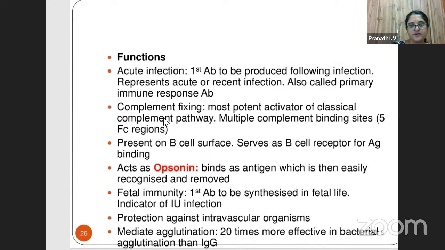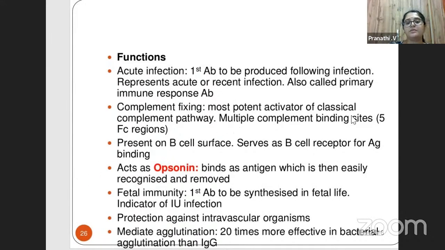What are its functions? It is present whenever there is any kind of acute infection inside the body. It is also released as the primary immune response antibody. It will help in activating either the classical pathway or the other pathway present inside the body.